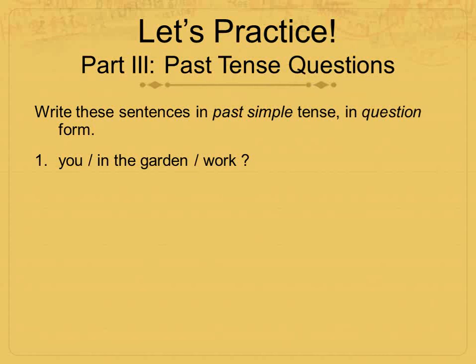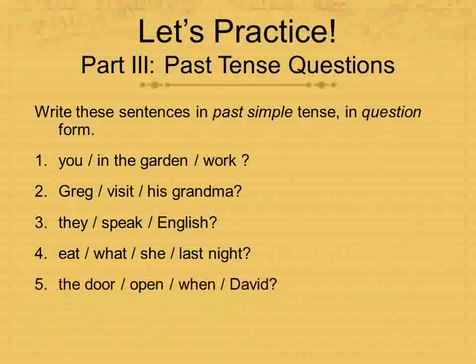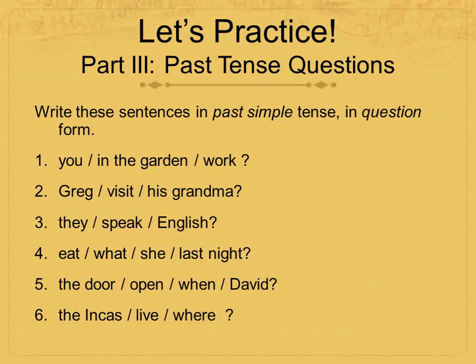So this question would be, did you work in the garden? Right? Did you work in the garden? Number 2, same thing here. Another question, we must add did, right? And the did comes before the subject. Did Greg visit his grandma? Okay, so let's try these and then come back and check your answers.